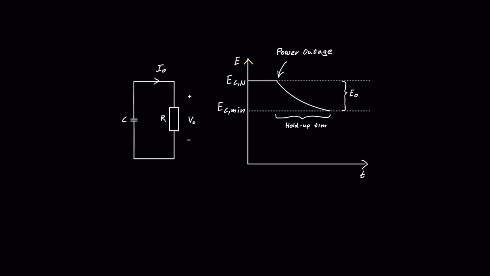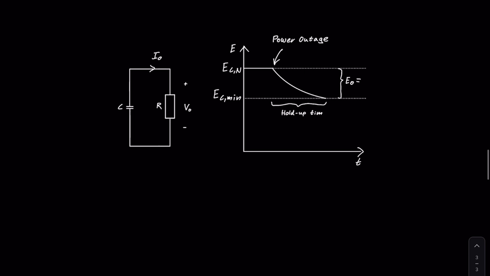After the power outage, the energy in the capacitor will start to drop. And that is because we're actually delivering power to the output. So the difference in the energy at the start and the minimum voltage is the energy that is going to the output. And this could be calculated as the P out multiplied by the holdup time.